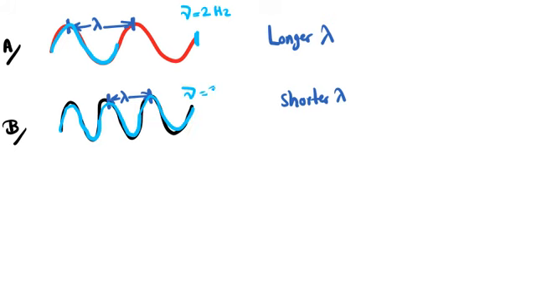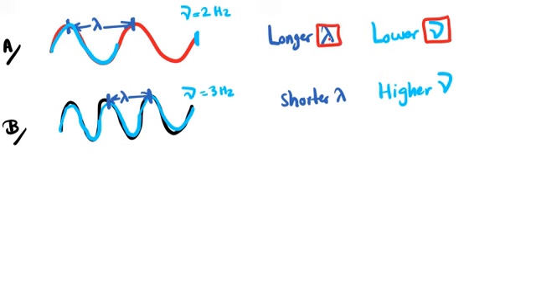So nu is 3. I'm going to write this information here. For the first one, we have lower frequency, and for this one we have higher frequency.